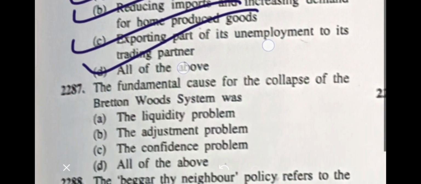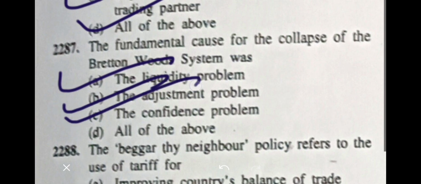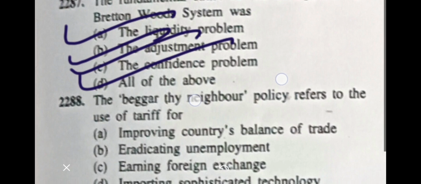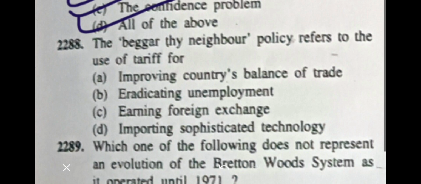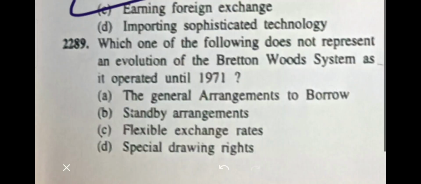The fundamental cause for the collapse of Bretton Woods system was the liquidity problem, adjustment, confidence problem, all of the above. The beggar thy neighbor policy refers to the use of tariff for earning foreign exchange. Which one of the following does not represent an evolution of the Bretton Woods system as it operated until 1971?